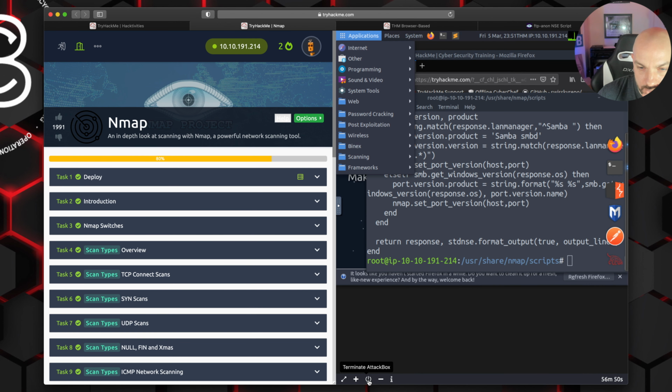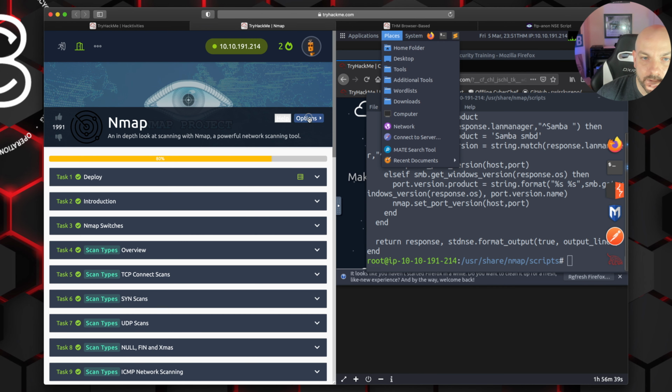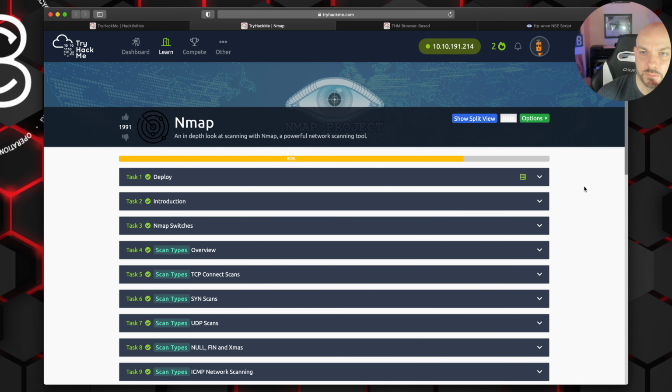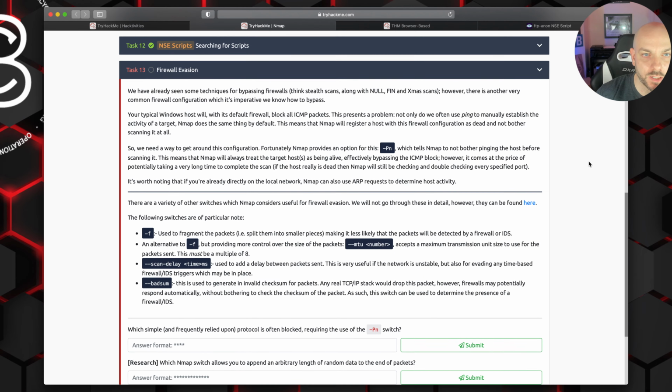Machine info, extend timer. There we go. Cool. Let's get out of that. Exit split view. Sorry about that, but I knew that we were coming up almost on an hour and I didn't want the box to cut off.